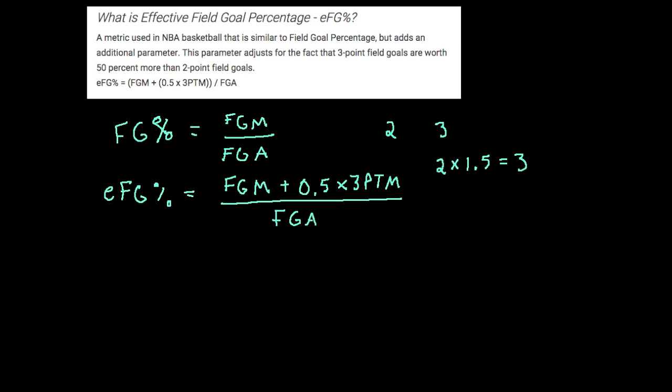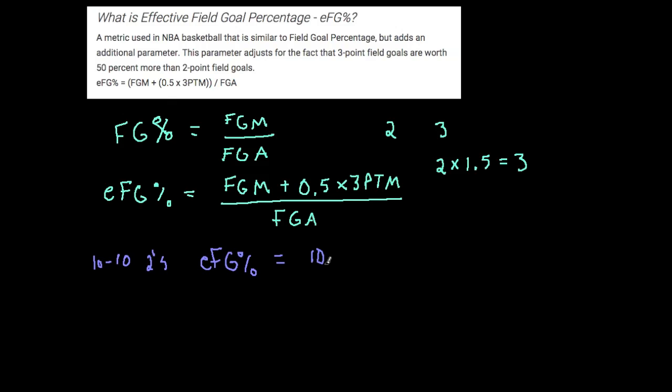So let's look at the example. Let's just look at a player who made, you can see right away, if they made all 2s, so let's say they made 10 2s, then they say they went 10 of 10 on 2s, then their effective field goal percentage would be equal to, so field goals made, they made 10, plus 0.5 times 3-pointers made.